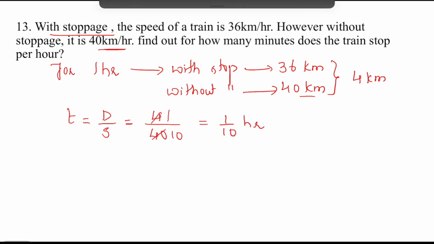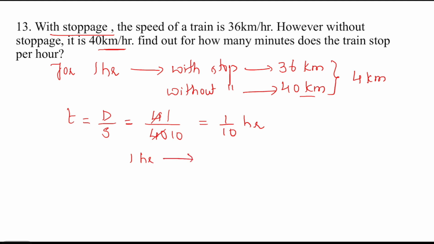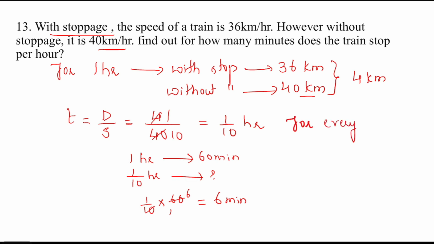Therefore, we know that 1 hour means 60 minutes. So 1 by 10 hour means how many minutes? So 1 by 10 into 60, which is equal to 6 minutes. Okay, so that means the train is stopping for 6 minutes.